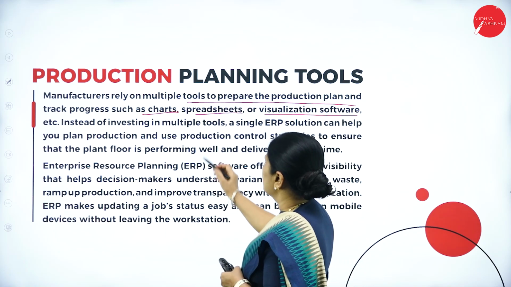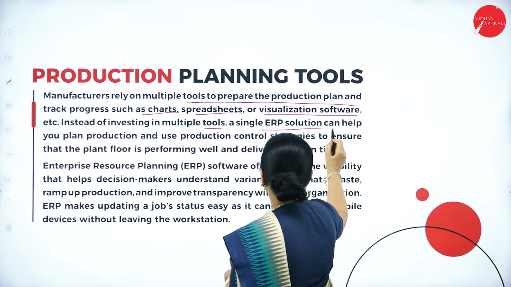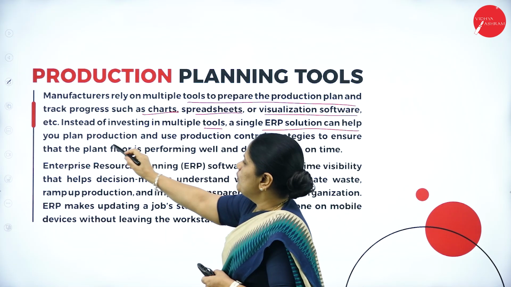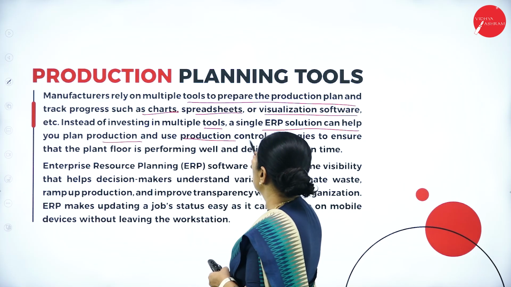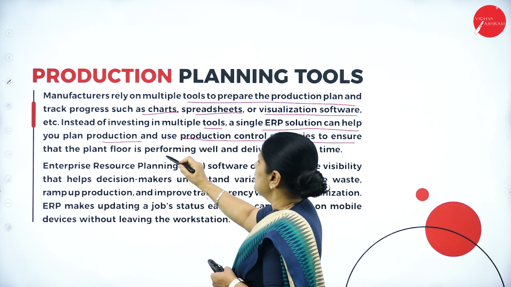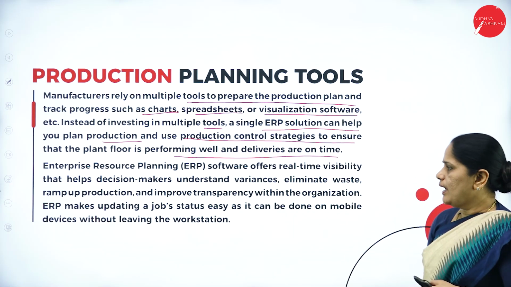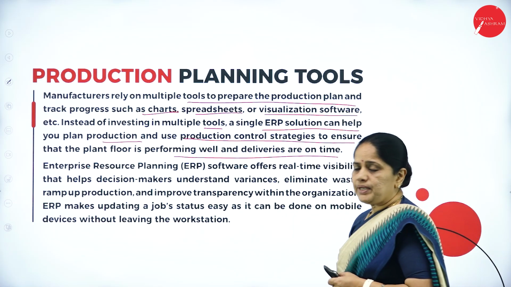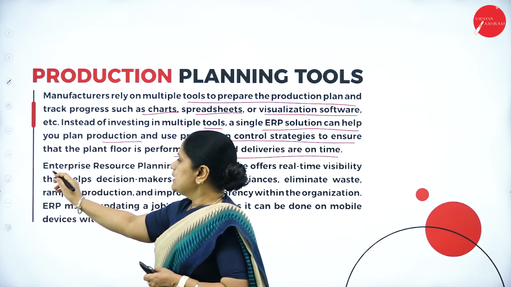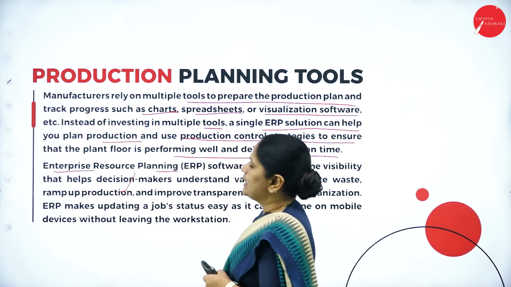Instead of investing in multiple tools, a single ERP solution can help you plan production and use production control strategy to ensure that the plant flow is performing well. Now, what is this ERP? It means Enterprise Resource Planning.